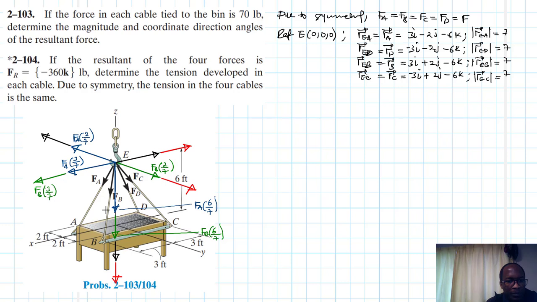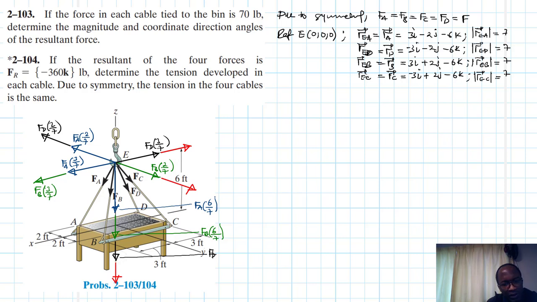Okay, then let's go to this next one. This one is FD. This is FD by 2 divided by 7. This is FD. This is 3 divided by 7. And then this is FD.